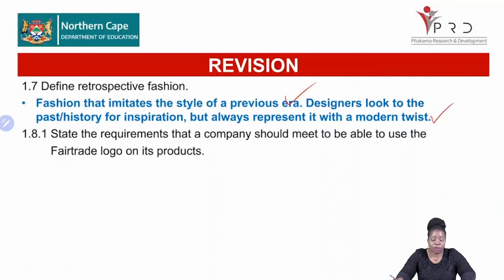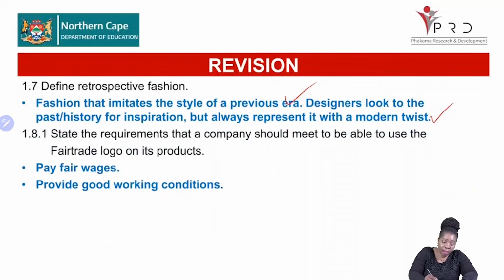And then we've got number 1.8.1, which says, state the requirements that a company should meet to be able to use the fair trade logo on its products. So companies should do what? They should pay fair wages to their workers.